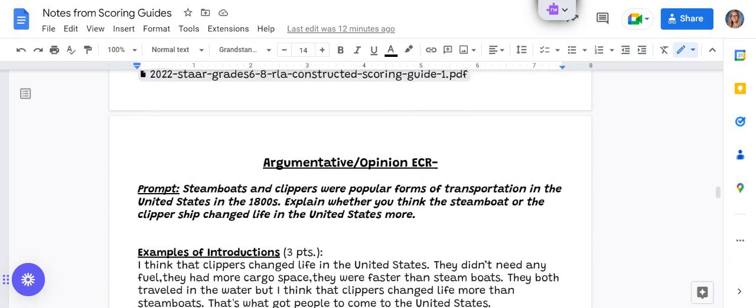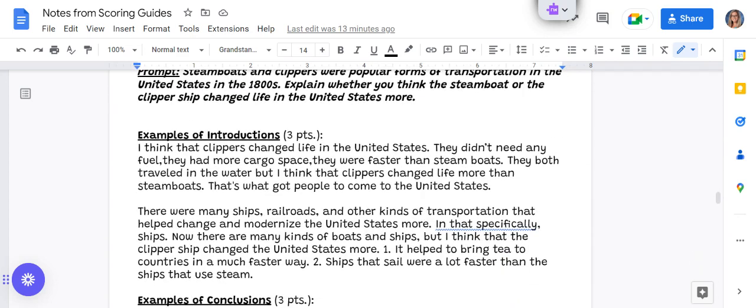This one goes into argumentative. And same thing, they have solid multi-sentence introductions. The difference between this one is you will see that it states the opinion. I think that clippers changed life in the United States. And then this is a summary of their reasons. Why?